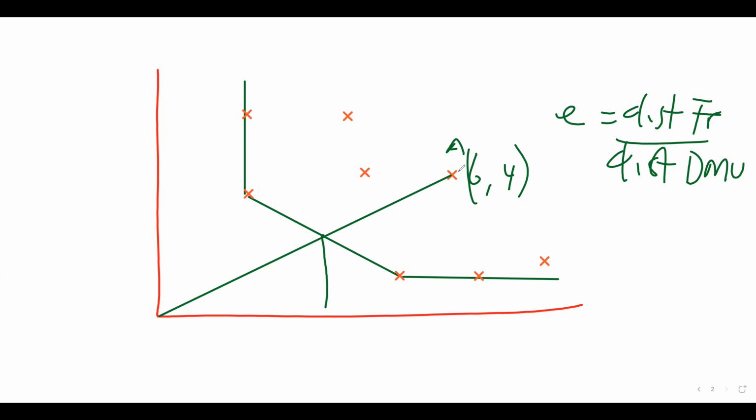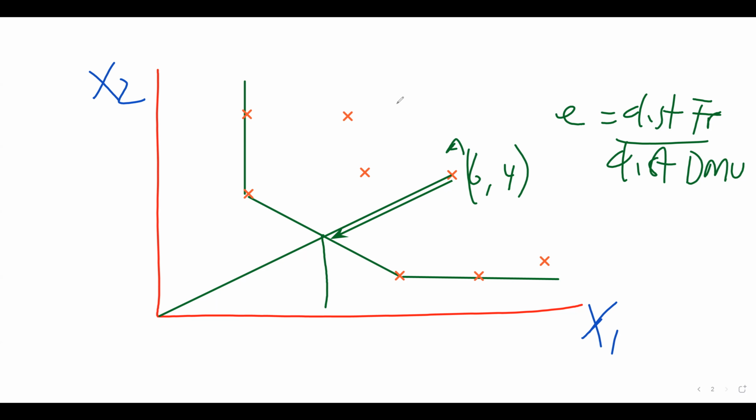But how do we now move that firm A to the frontier? Something must happen, because the coordinates there are 6 and 4. How do we reduce that 6 and that 4? Remember that this is an input-oriented model, so you have x2 there and x1 here.